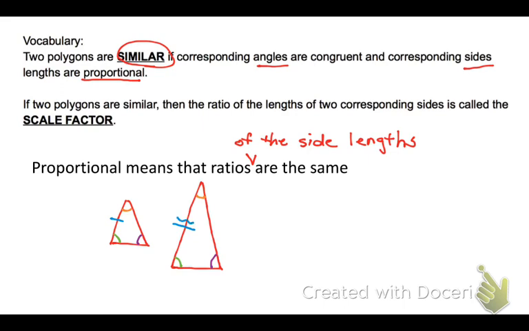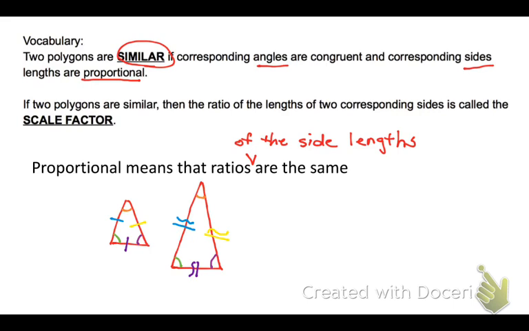Then this side length has to be proportional to this side length. And finally, this side length has to be proportional to this side length. Now, what does proportional mean? Proportional means that the ratios of the side lengths are the same.